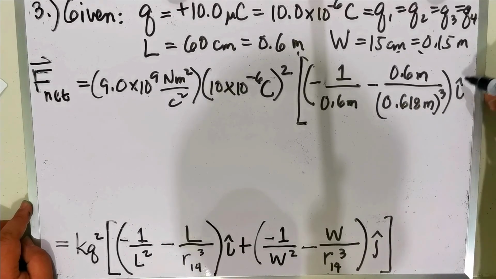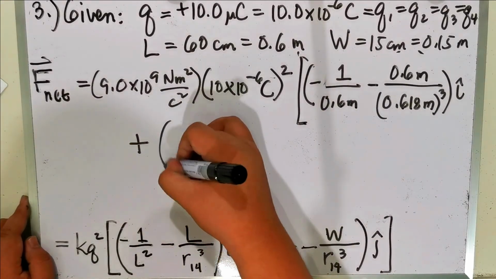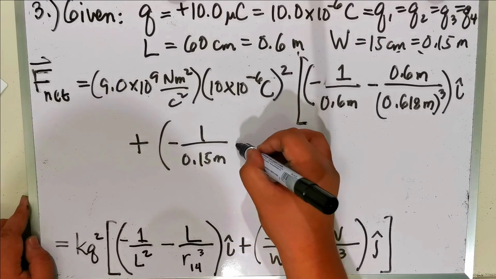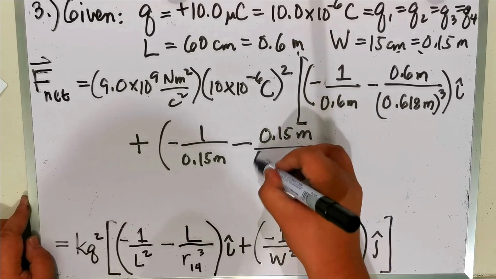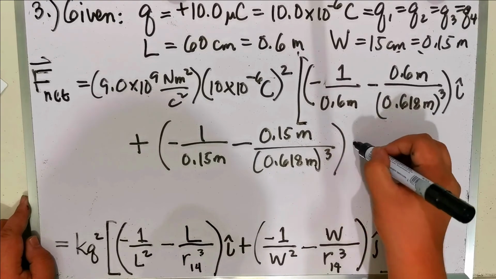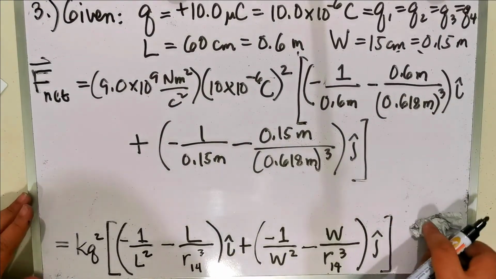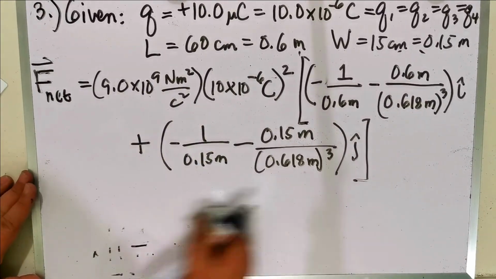This is i hat, and then plus the other term, which is negative 1 over 0.15 meter minus 0.15 meter all over 0.618 meter cube j hat. So with this one, our answers are now expressed in terms of unit vectors.